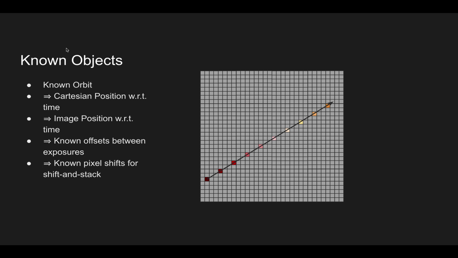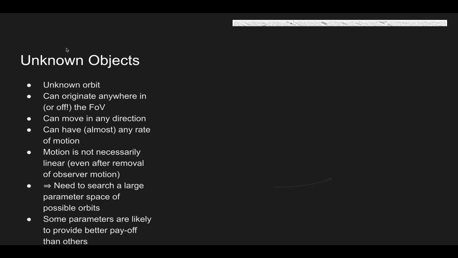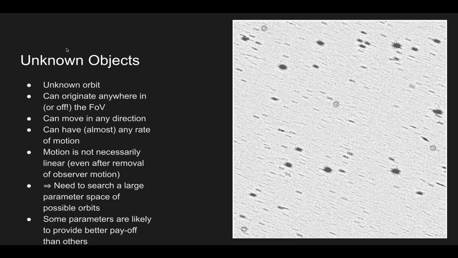Now, for an unknown object, it's a bit harder. The unknown object could have an unknown orbit, could start anywhere in or off the field of view, could be moving in any direction, could have almost any rate of motion. And so, in order to find a whole range of objects with a whole range of possible orbits, you're going to have to search a very large parameter space of different orbits. And it is clear that some of the sets of parameters you choose are likely to be more successful than others.